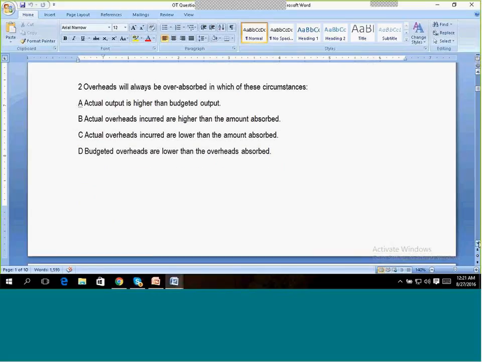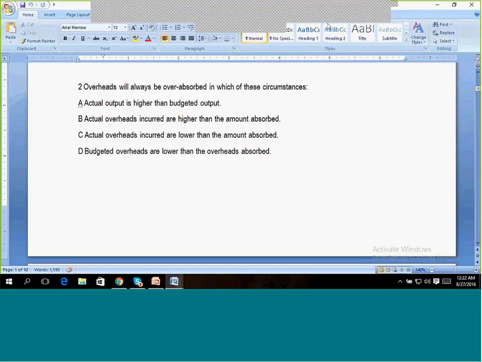Look at this, and what should be the right answer? Or be over absorbed. So remember what... Yes. When the actual output is higher than the budgeted output, it may. But on the other hand, if the expenditure is higher, it may not. So the question is always, look at the angle.